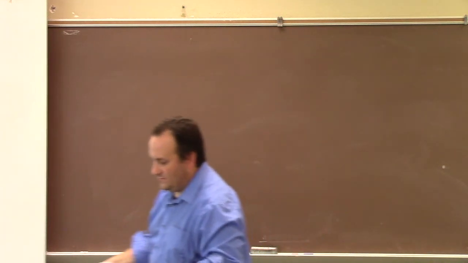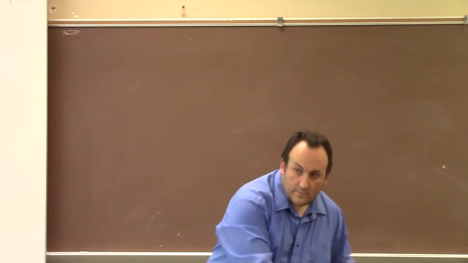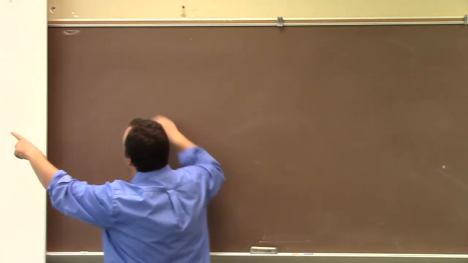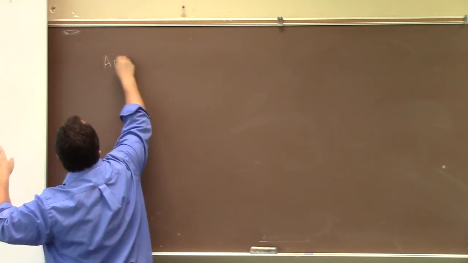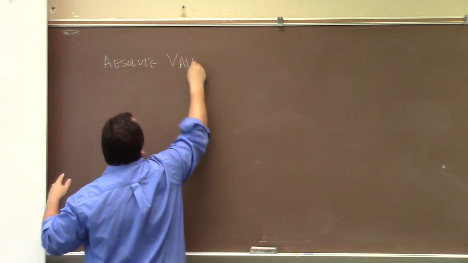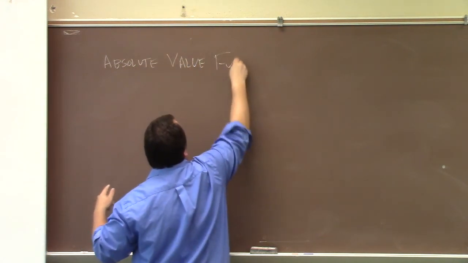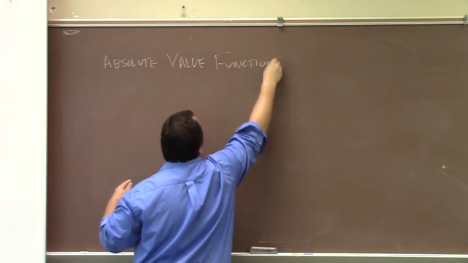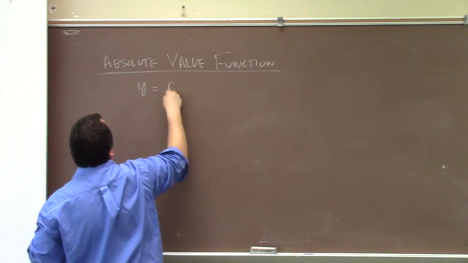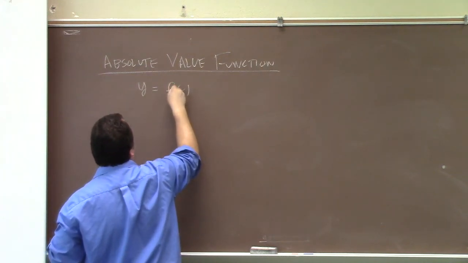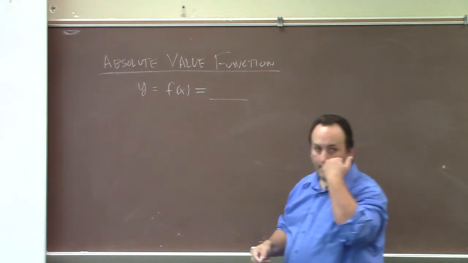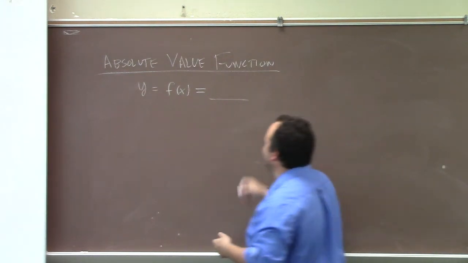Can you guys tell me what's the formula for this graph? It's y equals f of x equals what? What's f of x in this case? What's the formula? Yeah, absolute value of x. What does that mean, though?